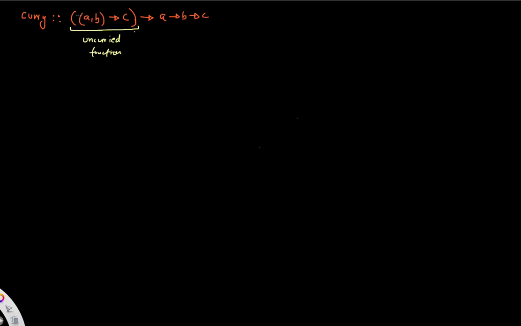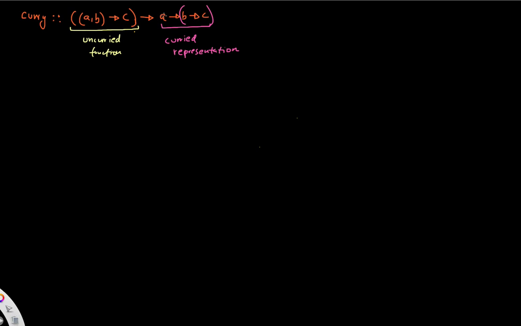And what I'm doing here is I'm in some sense converting that function into a curried representation, which is this piece here. Using Haskell's curry notation, it is a function that takes in as an input some a, which in turn gives you back a function that goes from b to c.